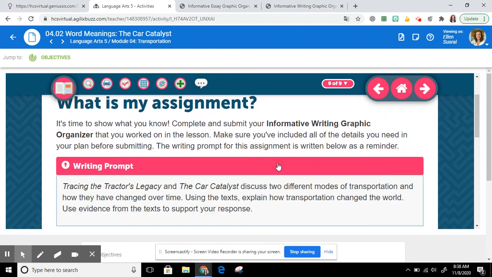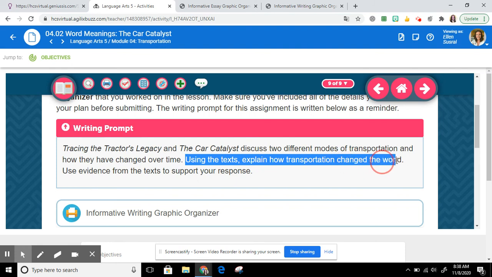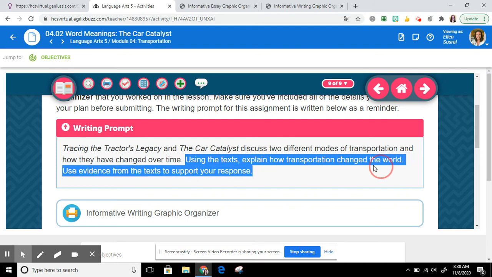And again, with this writing prompt, boys and girls, here's the main question. Using both the texts, both Tracing the Tractor's Legacy and The Car Catalyst, explain how transportation changed the world. Use evidence from both the texts to support your response.